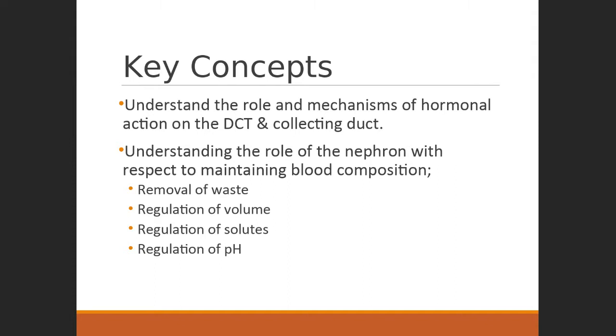And then looking at the role of the nephron as a whole and the actions that we see at the proximal convoluted tubule, loop of Henle, distal convoluted tubule, and collecting duct as a whole, as far as what the nephron does to accomplish both blood composition and urine production through the removal of waste products from the blood, the regulation of blood volume, regulation of blood solutes, and the regulation of blood pH.